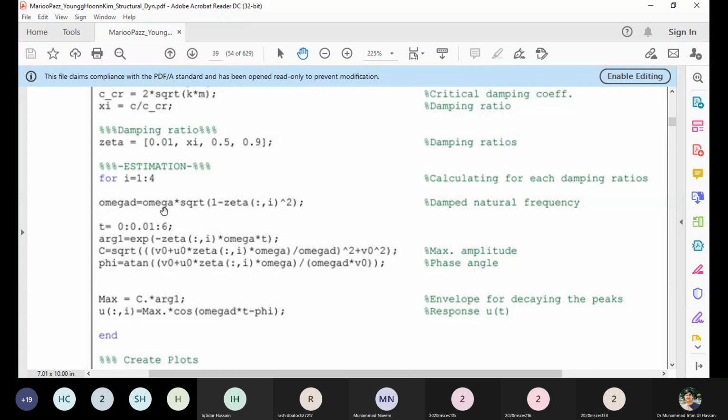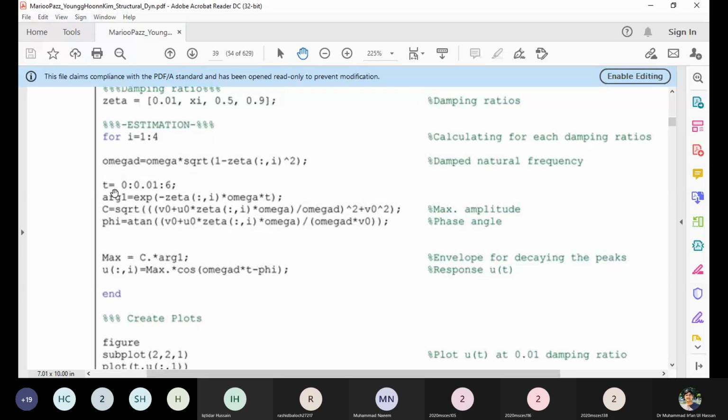So omega d is computed, omega times square root of 1 minus zeta i squared. When i is 1, the first zeta value is picked, when i is 2, the second zeta value is picked, and omega d is computed 4 times. Then you run the time interval 0 to 6 seconds with a step of 0.01.